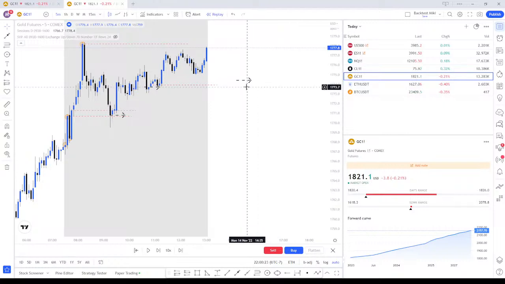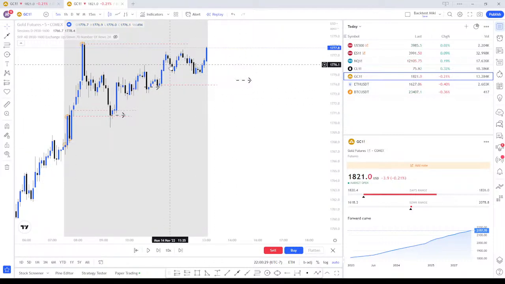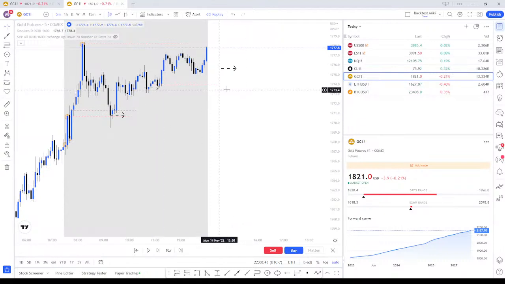I think I reserve my energy when I don't talk, because I'm just using my head, and so I can get more work done instead of having to explain out loud to you guys the whole time. It's actually energy consuming, and I want to reserve that energy for my backtesting. So this is going to be the last backtest I do live. I'm just making that clear right here.